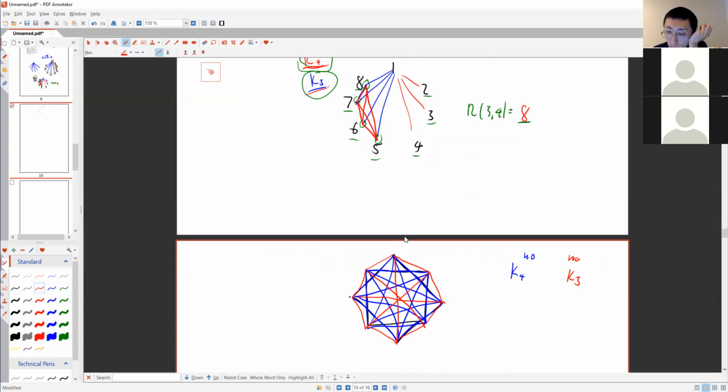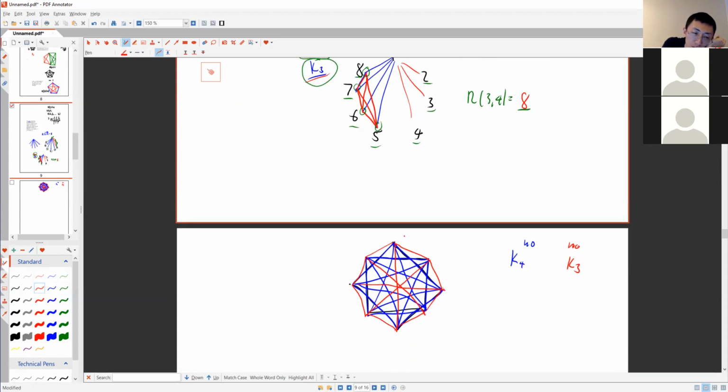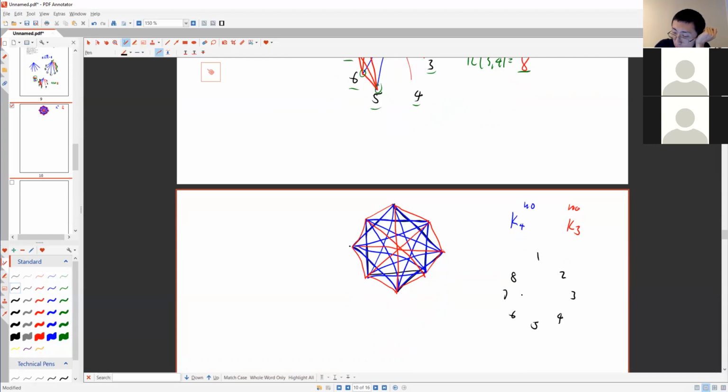So let's see, what was wrong with my argument from before? So with 8 people, 5, 6, 7, 8, let's see, so if I want no K4s, okay, let's say there's 4 blue edges coming out. Let's say like this.